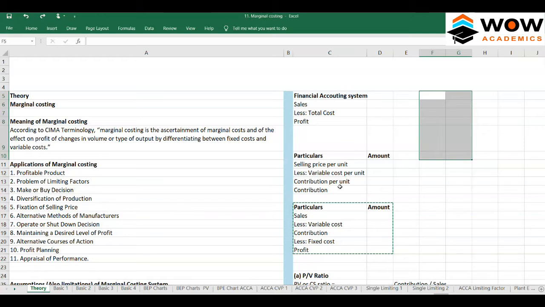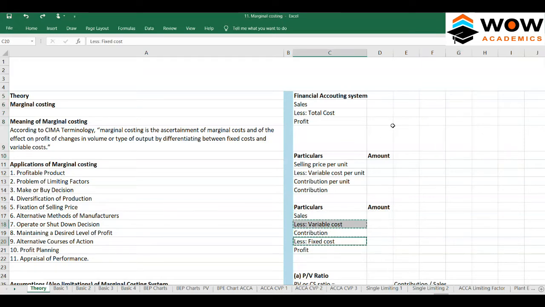So essentially it bifurcates the cost into two parts. Sales minus the variable cost is called contribution, and the contribution minus the fixed cost is called profit.